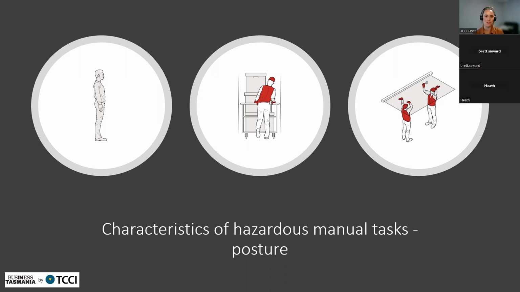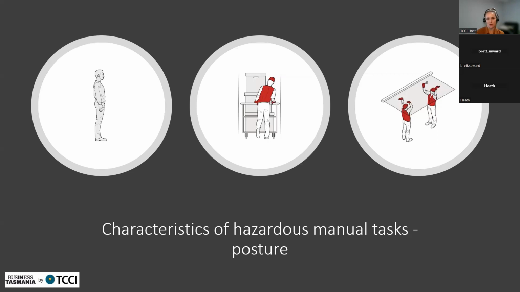You're in a neutral position, you're straight, you're upright, your feet are a good length apart from each other. This is ideal for our bodies to be, but that's not how most people are working. So we can have a sustained posture that can be hazardous. This can be where parts of or your whole body is kept in the same position for a prolonged period of time.